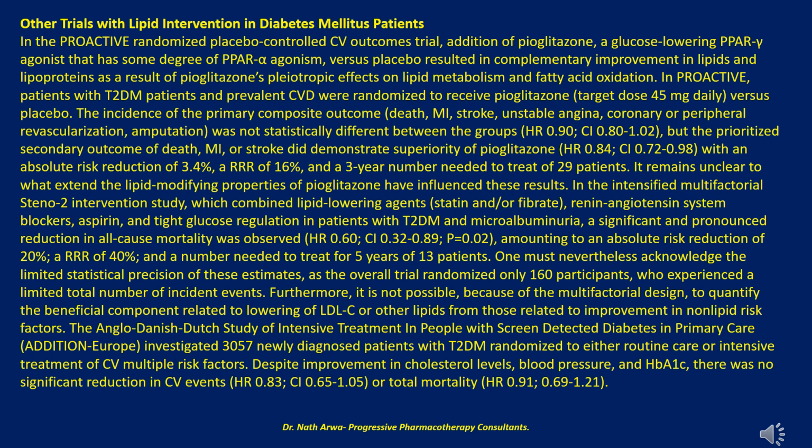In the intensified multifactorial STENO-2 intervention study, which combined lipid-lowering agents, statin and/or fibrate, renin-angiotensin system blockers, aspirin, and tight glucose regulation in patients with type 2 diabetes mellitus and microalbuminuria, a significant and pronounced reduction in all-cause mortality was observed, hazard ratio 0.6, with a 95% confidence interval of 0.32 to 0.89, with a p-value equal to 0.02, amounting to an absolute risk reduction of 20%, or RRR of 40%, and a number needed to treat for 5 years of 13 patients.